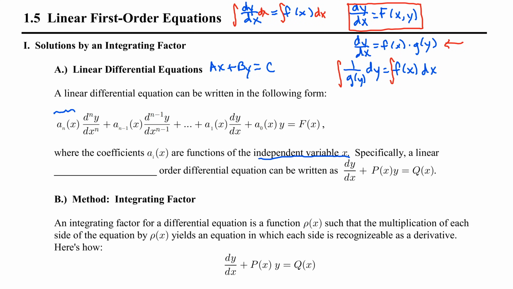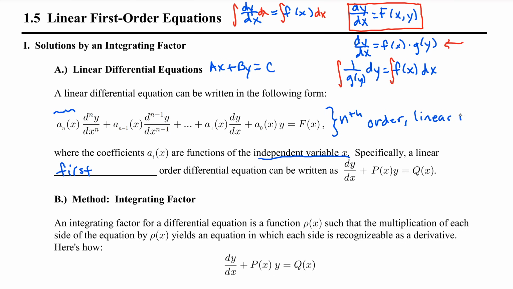Specifically, a linear first-order differential equation can be written as dy over dx plus p of x times y equals q of x. So what we have up here is a general representation of an nth order linear differential equation.